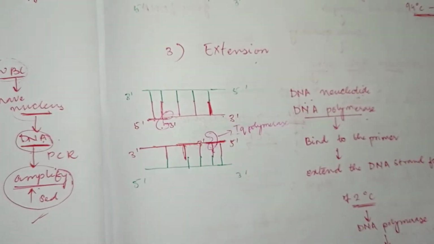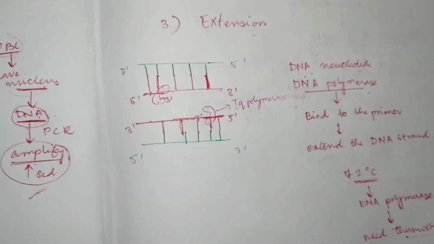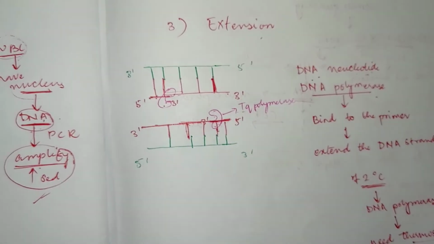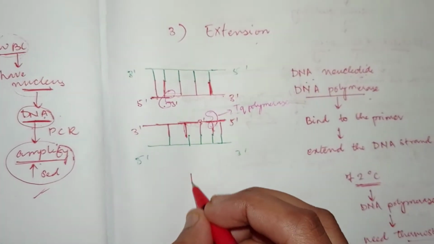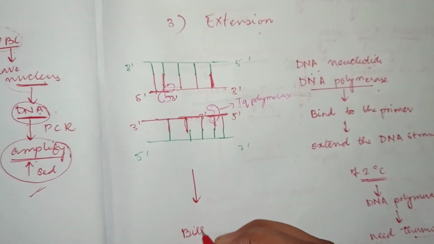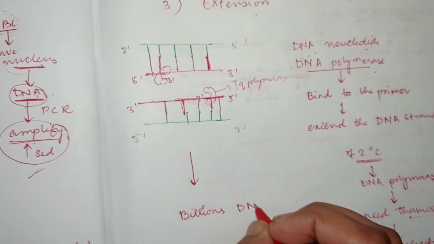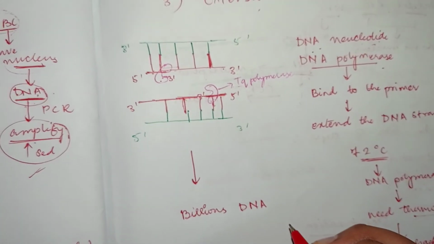And if you repeat this cycle many times, then this is going to be converted into billions of double stranded DNA structures.